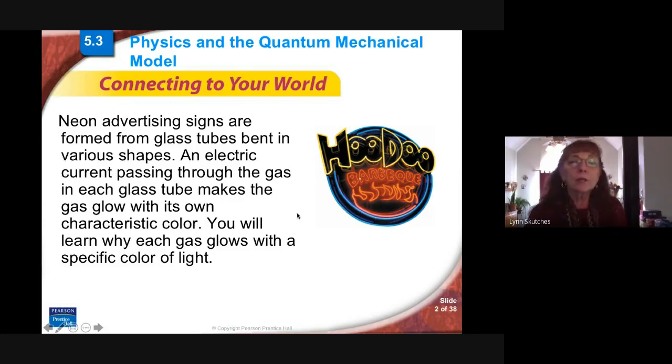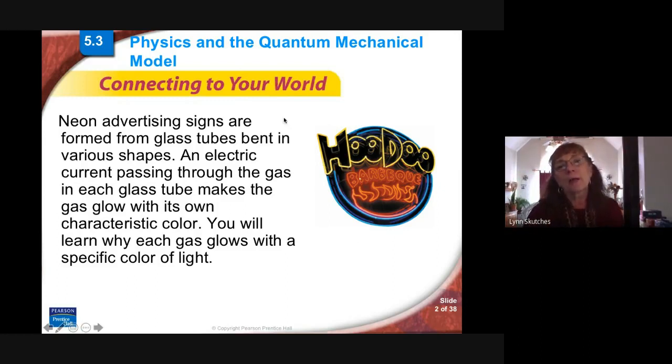When you run an electric current through it, it turns this crazy intense red color. Normally I'd show you that in the classroom, but we can't. So originally the neon signs were glass tubes filled with neon gas that would glow red.